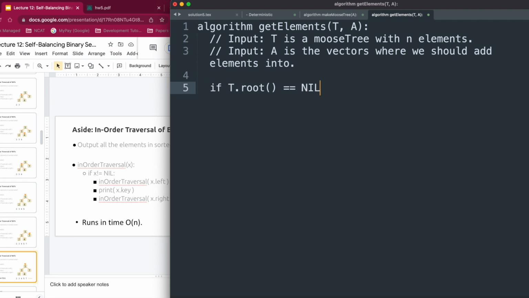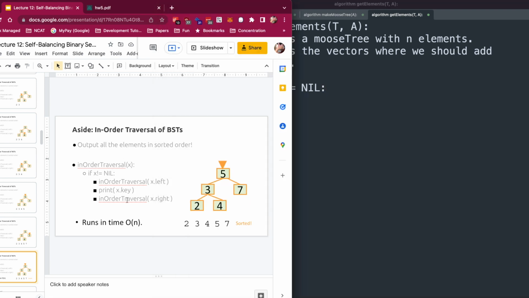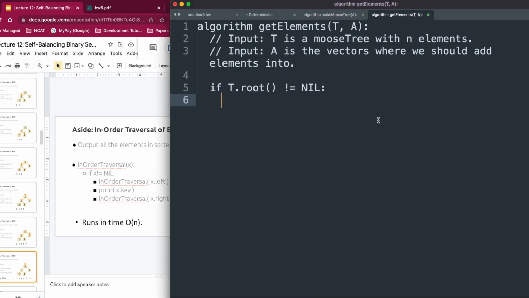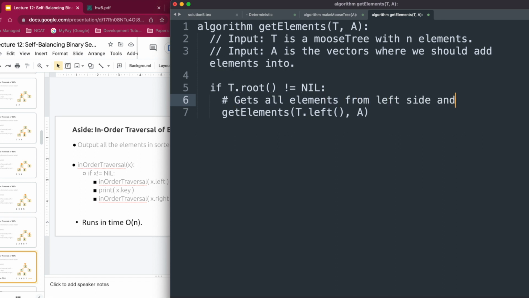If the root is not nil, which means we have not gotten to a null pointer, then as the pseudocode shows over here, the very first thing we're going to do is get all the elements from our left child of the tree and put them all into A. So this gets all elements from the left side and puts them into A in sorted order, let's assume.